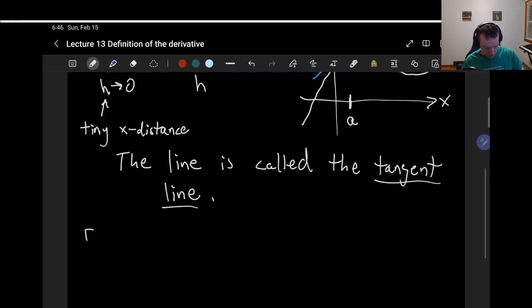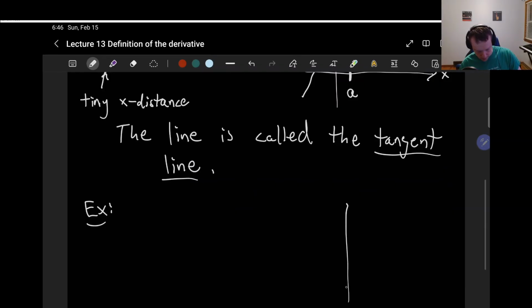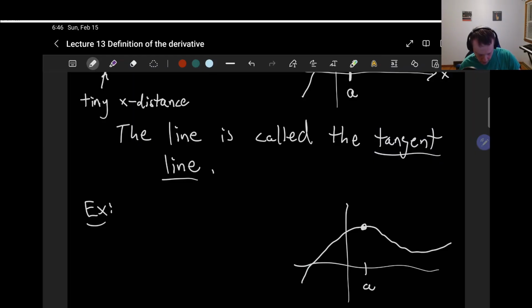So, for example, you make a little graph like this. And let's say my x value A is here. And the tangent line is horizontal. I'm drawing a dash this time. It's not a big deal.